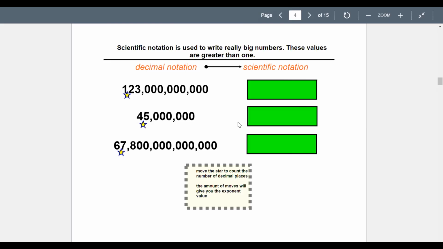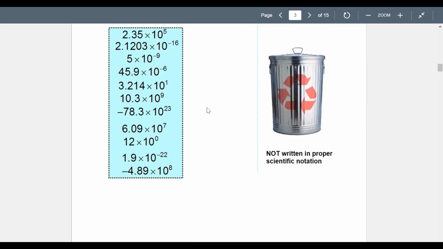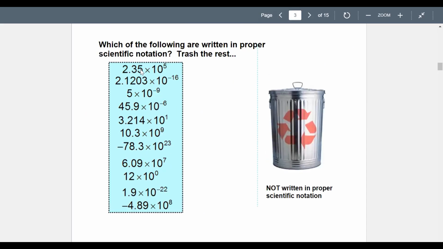So the first blank for A is positive, and that means you're going to move the decimal place that many times to the right. So if we go back up to these examples right here, let's just look at the first, 2.35 times 10 to the 5th. That means that you're going to have a larger number, and you're going to move that decimal point to the right 5 times.